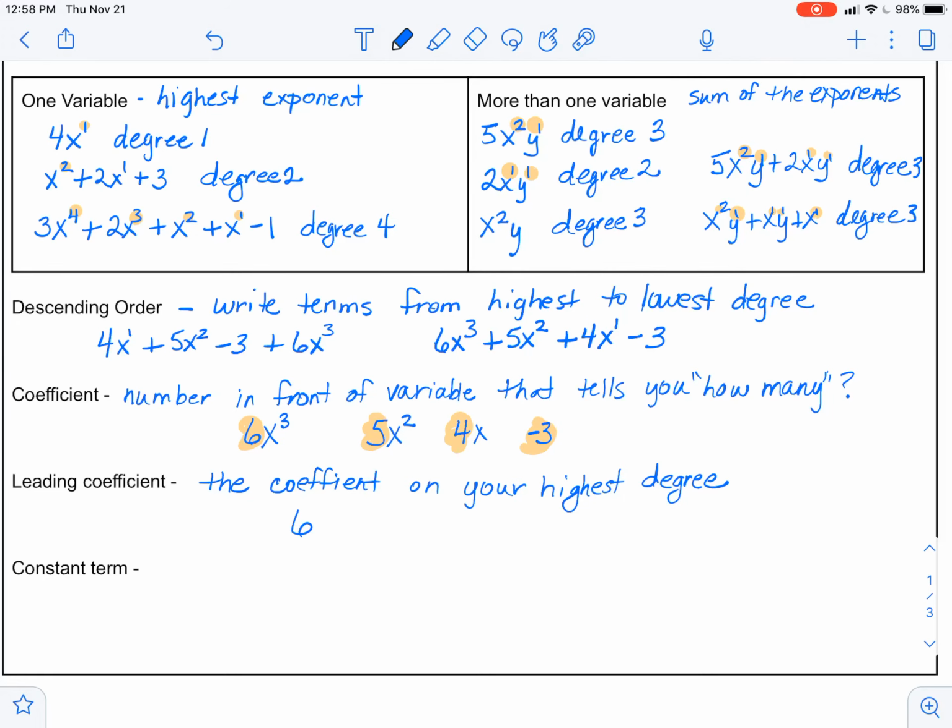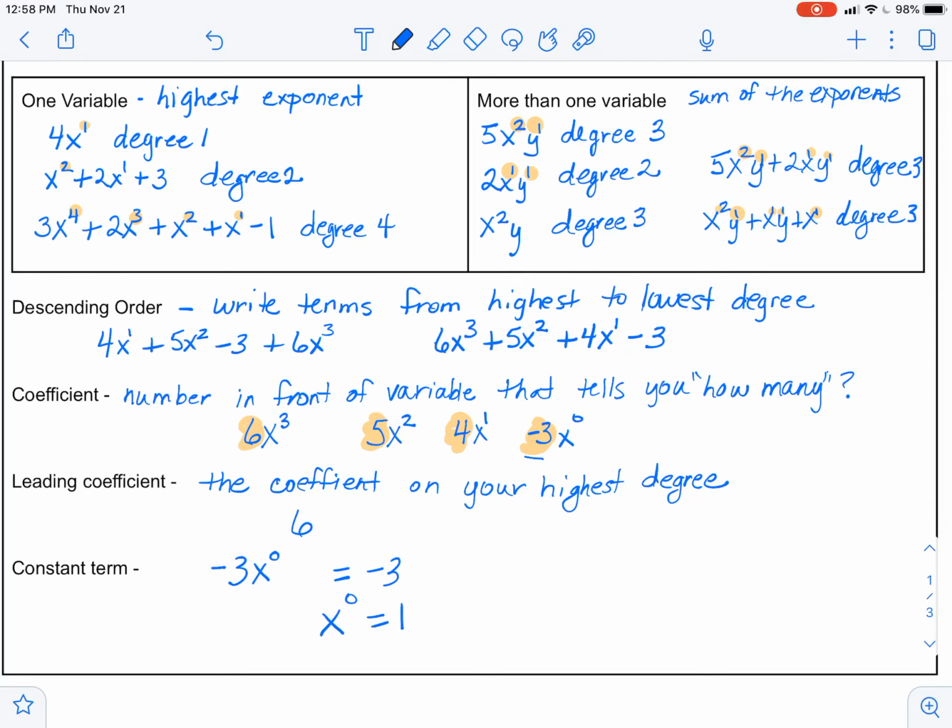Okay, now I told you earlier we were going to talk about that -3 and why in this case I said it was a coefficient. Because guys, your constant term, if you look at this, is actually, so that 3 is actually -3 times x to the 0. Okay, and I could come up here and I could put that x to the 0, and then you see how it's in descending order. Now, why do we write it just as a -3 though? So that goes back to, remember our rule that anything to the 0 power is 1.